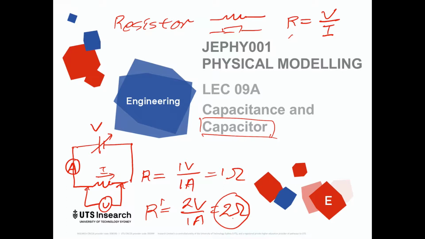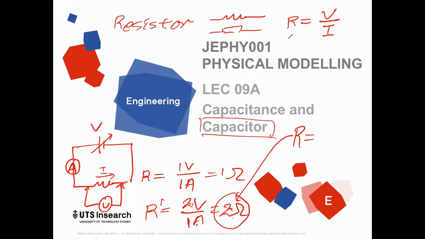Once this is determined, the voltage and the ampere are connected. It means if you put 1 ampere, you need 2 volts. If you want to pass through 2 ampere, you need 4 volts. So this is predetermined. Now, what determines the resistor is its properties.